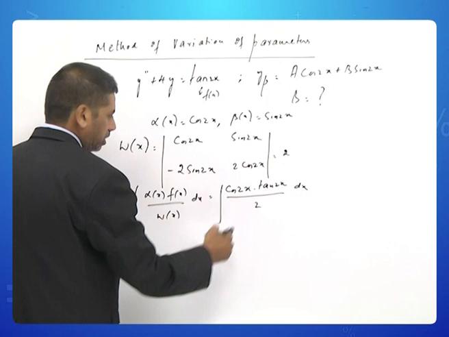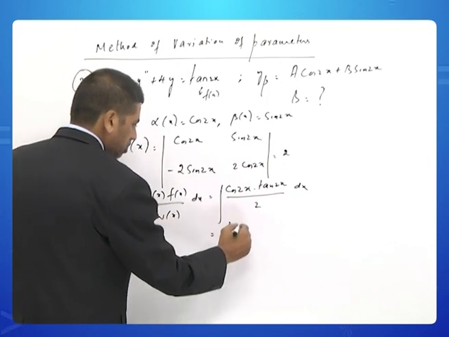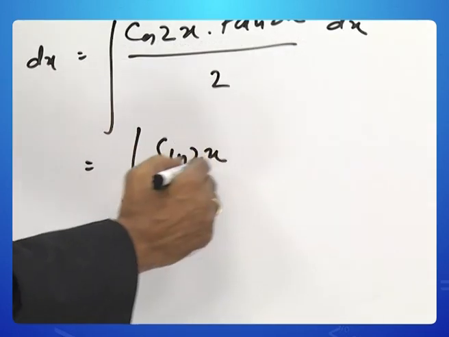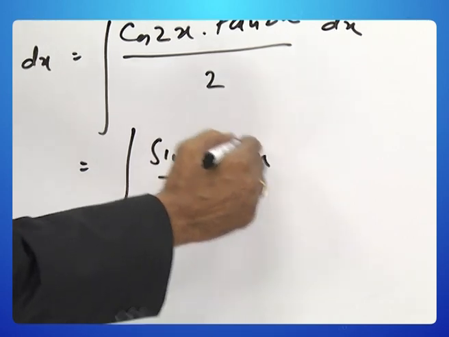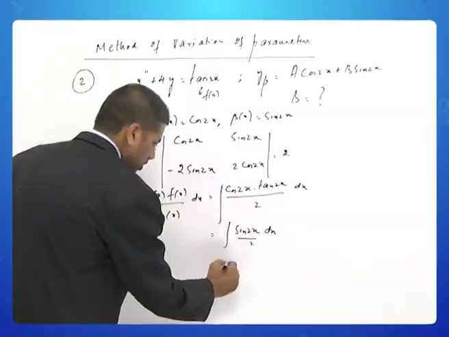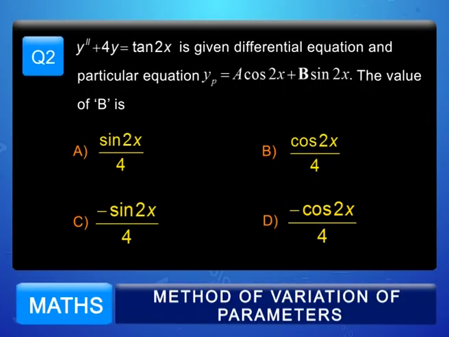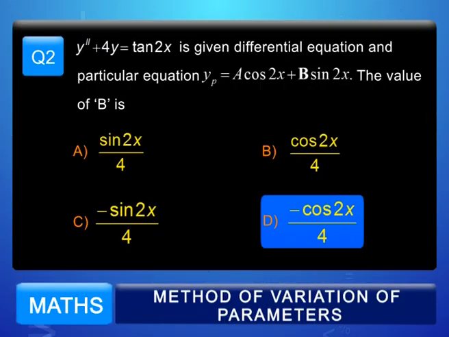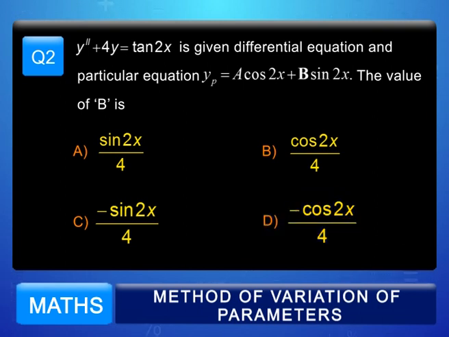So cos into tan will give us sin 2x. Integration of sin 2x is minus cos 2x by 4. So this is the expression for b, which matches with option D.